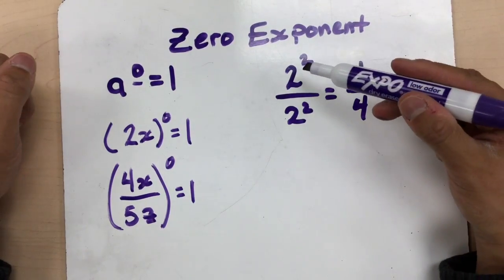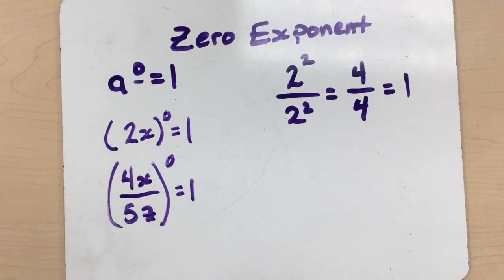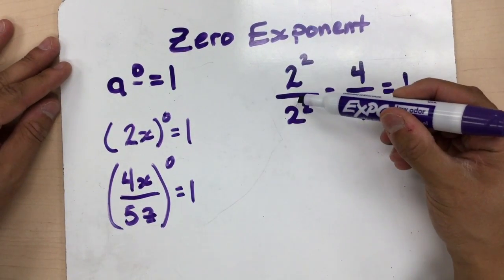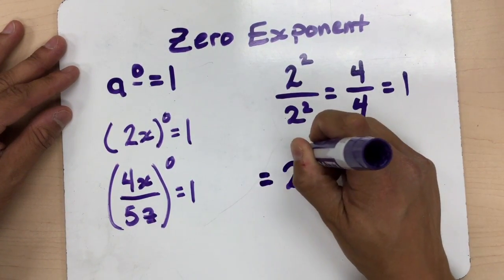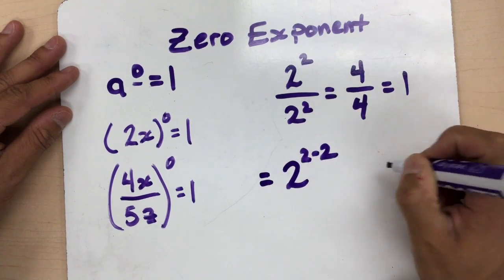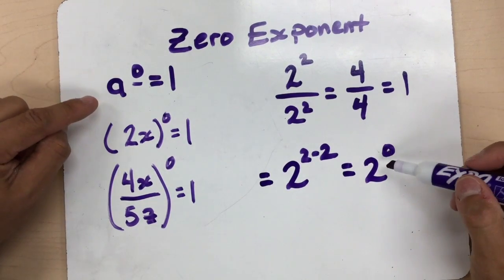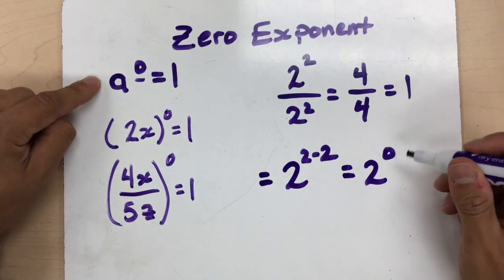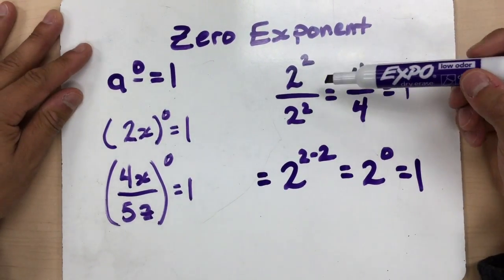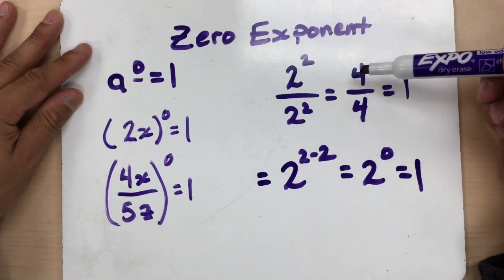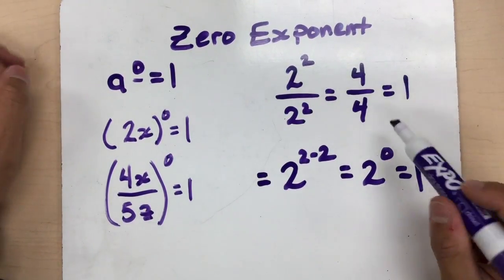Now, if we apply the quotient law here with my exponents, 2 squared divided by 2 squared, we could rewrite it as 2 to the power of 2 minus 2, which is equal to 2 to the power of 0. And according to our zero exponent law, that's equal to 1. If we make sense of what this statement is saying, 2 squared divided by 2 squared is equal to 4 divided by 4, which is equal to 1 because we're dividing a number by itself.